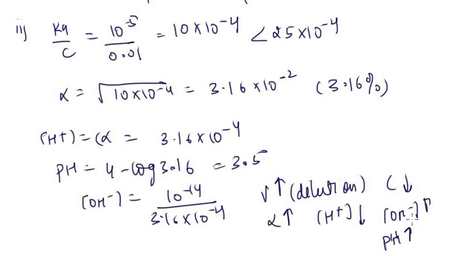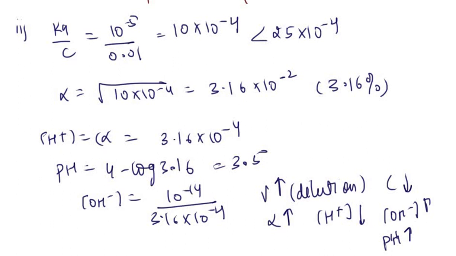So on increasing the dilution, the pH is increasing, right? Ostwald dilution law told the variation of alpha with dilution. Initially it was 1%, now it has gone to 3.1%, but it didn't comment about the pH. Obviously we know that when we dilute any strong acid, it will eventually become a weak acid. So it is becoming weak, but alpha will increase, right?